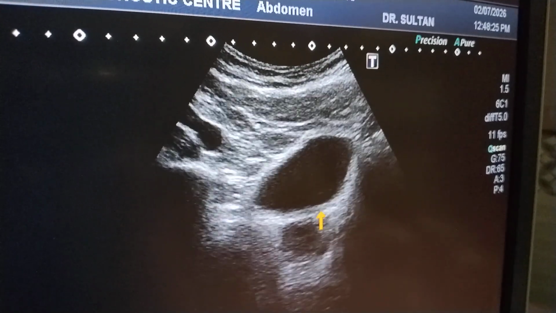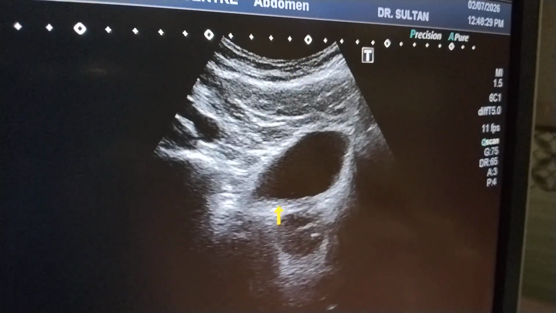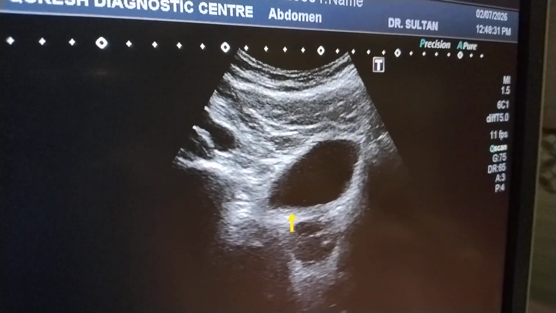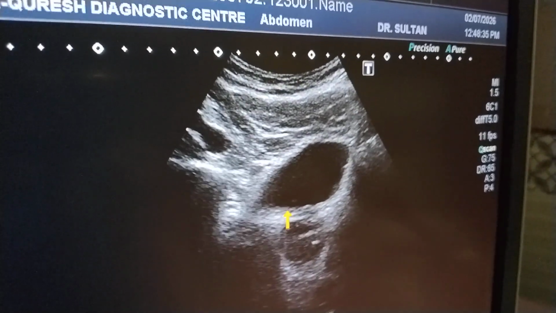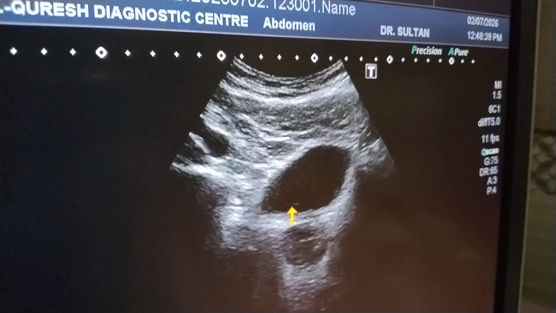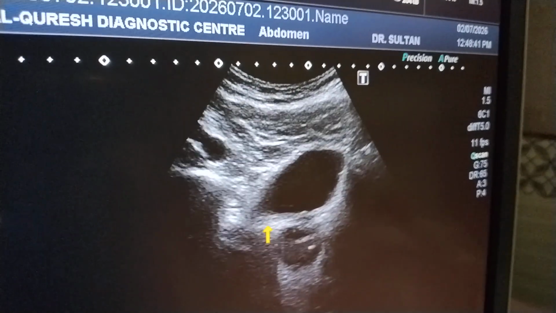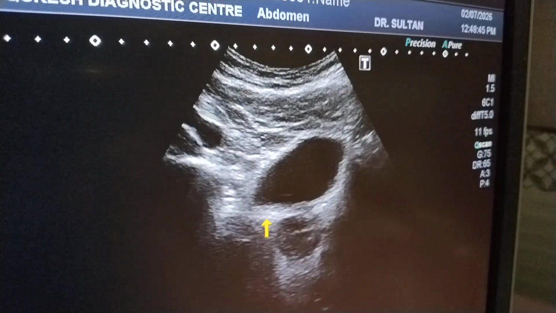So when we reach the vesico-ureteric junction, this ureter passes through the wall of the urinary bladder and then enters into the urinary bladder. This is the trigone area, and here the ureter takes an oblique turn.